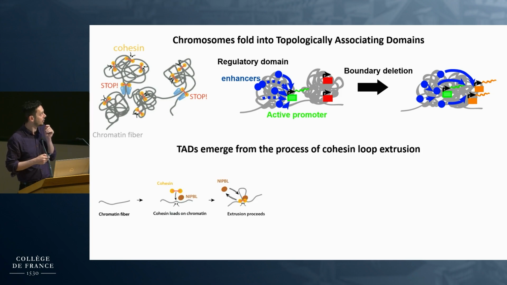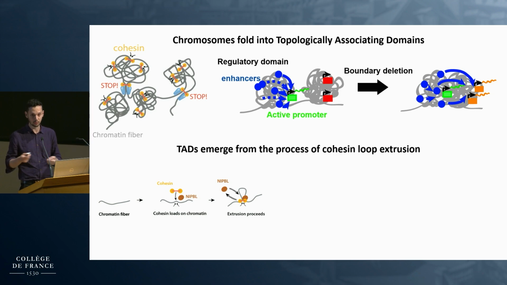This process, called DNA loop extrusion, works as follows, again, as far as we understand it, and there are still many unknowns here. What we think is happening is that cohesin lands on the DNA, probably with the help of this protein called NIPBL. NIPBL also binds on and off cohesin, and when it binds cohesin, it activates the ATPase activity and the looping activity of cohesin. So cohesin goes on and on and on.